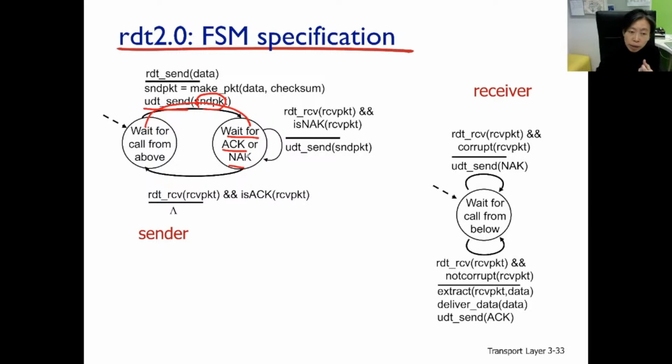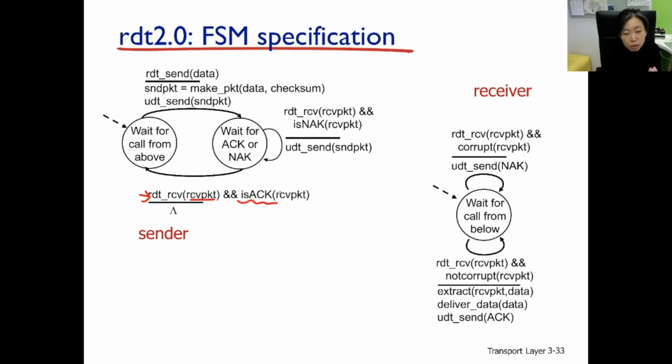Now, what's coming back as feedback could be positive or negative. So therefore, you see two transitions possible, one over here and the other over here. So this is the negative feedback case, and this is the positive feedback case. Now, the easier one is if the feedback coming back is positive. This is when the sender receives a message back from the network layer, so it needs to be triggered by call from below, RDT receive, the receive packet.